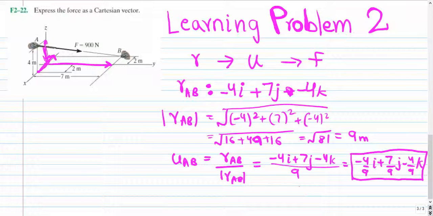So if you find the magnitude of this unit vector, you're going to end up with 1.